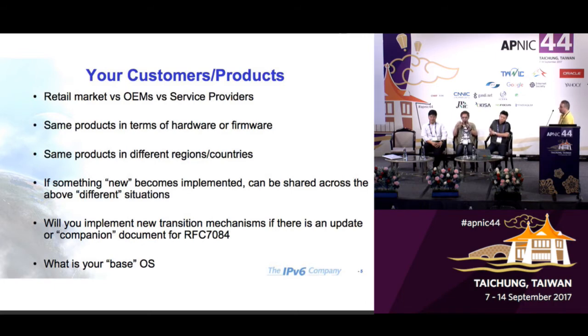Sure, we have a development flow for adding new implementations to all our products. If there is a new implementation about RFC 7084, we may implement it or may not, I don't know, because it depends on our customer.